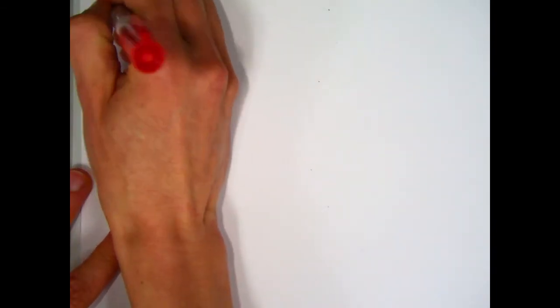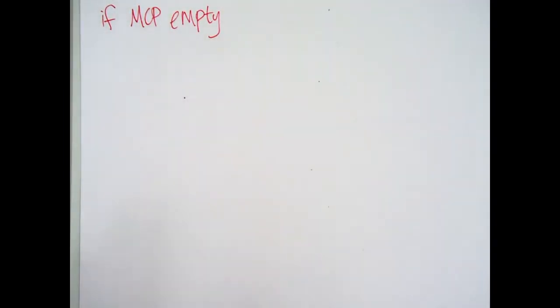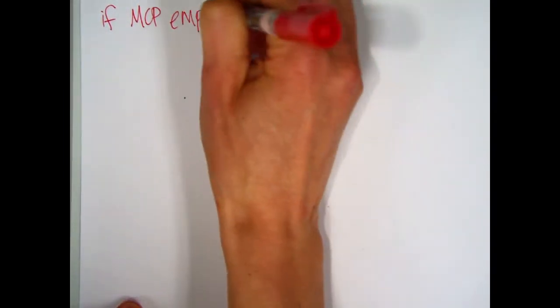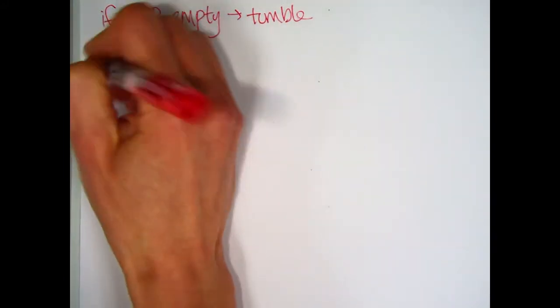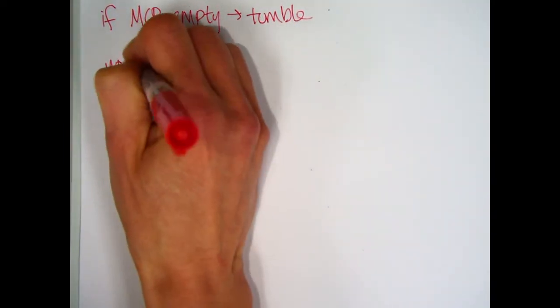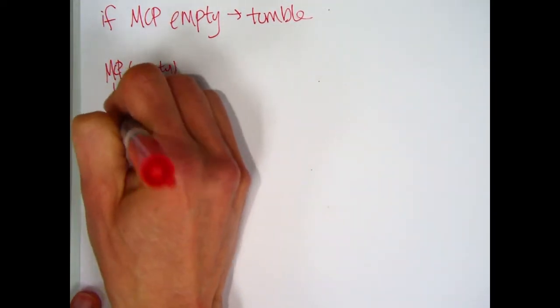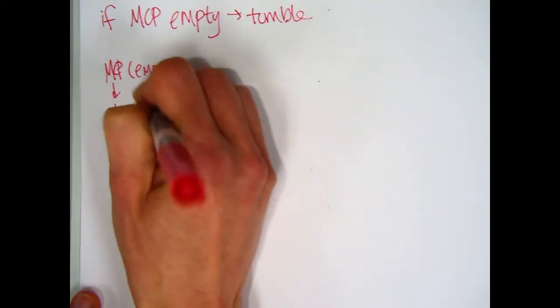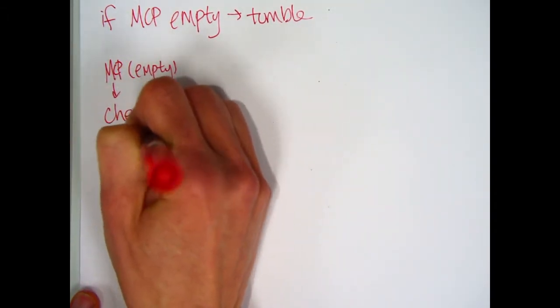Okay, so red is for not go, right? If the MCP is empty, then the cell needs to get out of there and get somewhere else, and so it is going to activate the tumble. The empty MCP does not prevent the autophosphorylation of CheA. So you get CheA autophosphorylated. Again, this uses ATP.